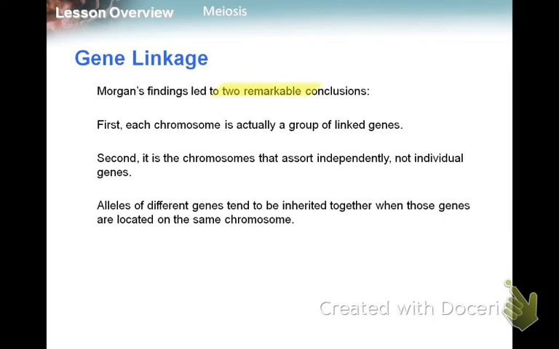So, 2 conclusions from this. Each chromosome is actually a group of linked genes. And second, it's the chromosomes that assort independently, not individual genes. Alleles of different genes tend to be inherited together when those genes are located on the same chromosome.